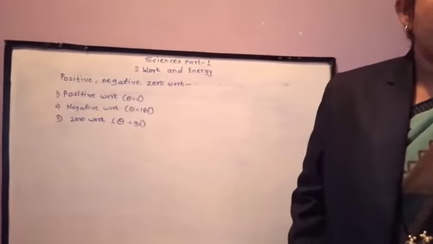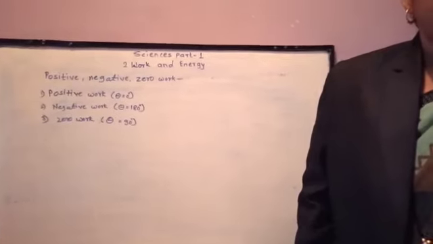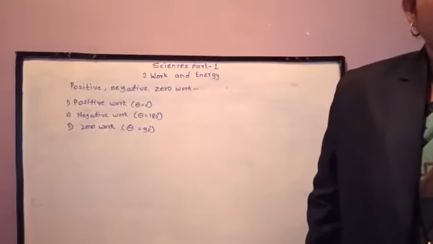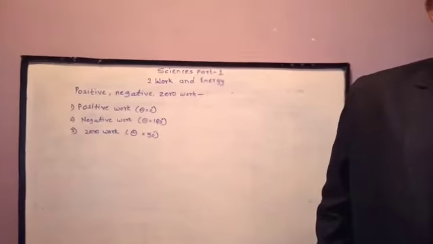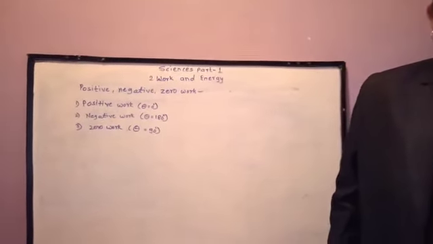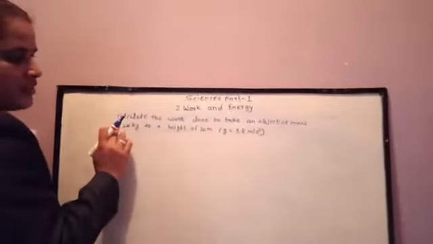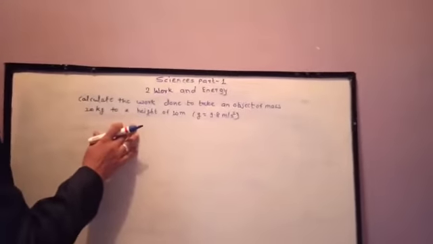The example is tying a stone to one end of a string and swinging it round and round by the other end of the string. Now some examples of work.